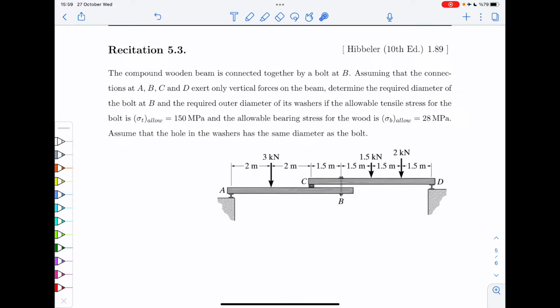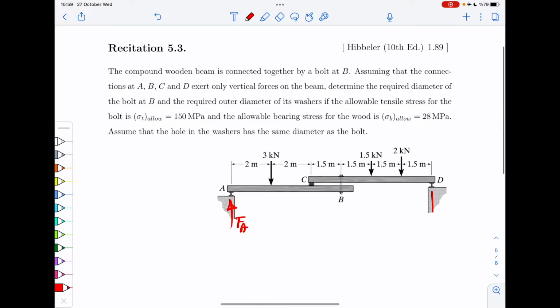All right, so what we need to do for this example is to take it into two separate pieces. So let's say here is FA, here is FD. What we need to do is to look at the upper piece standalone and at the lower piece standalone.